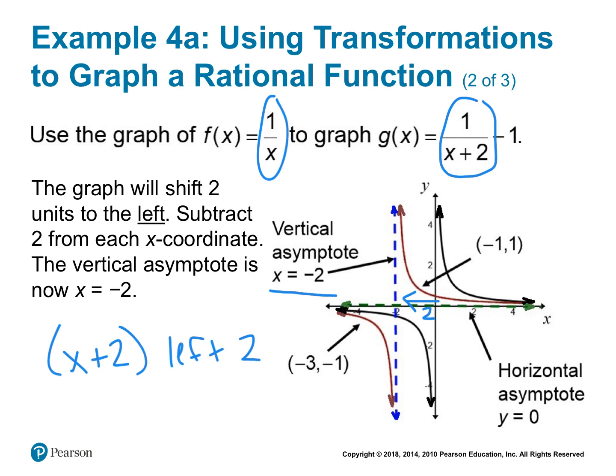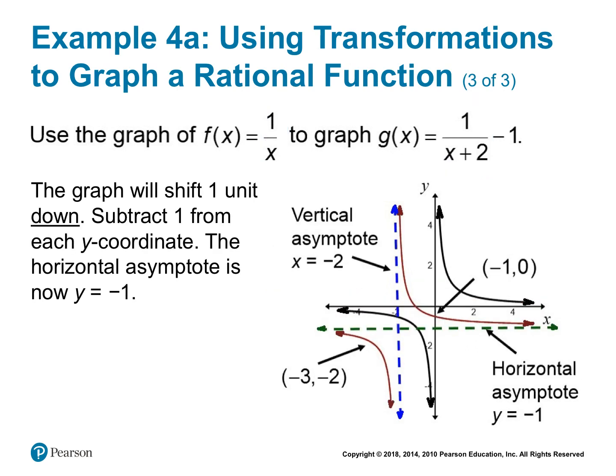And everything else is going to stay the same for now. We did move our black arrows, and they became the red arrows. We shifted the whole graph over. And now this -1 on the outside means we're going to go 1 unit down. So originally it was hitting that x-axis, now it's down here at -1.